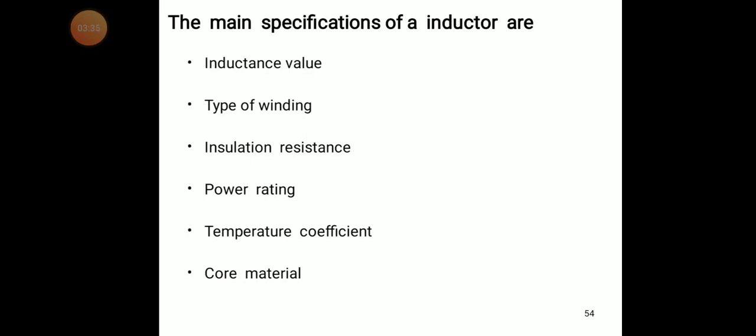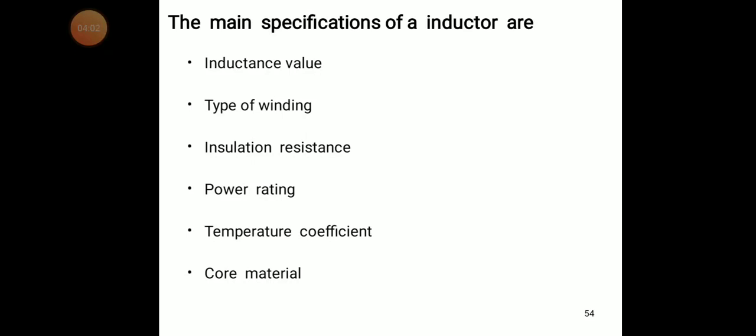So we need to know it so that we choose a better component for our application. Our main aim is to choose a better inductor to meet our application, so that we minimize errors and faults and get accurate results.